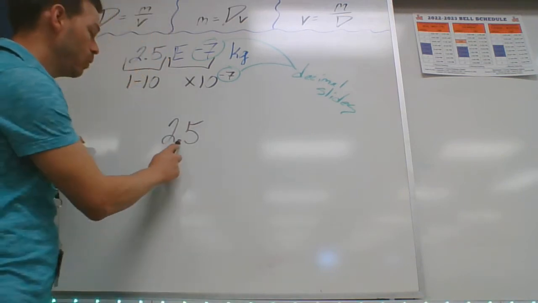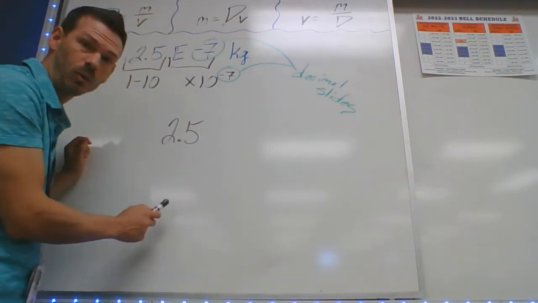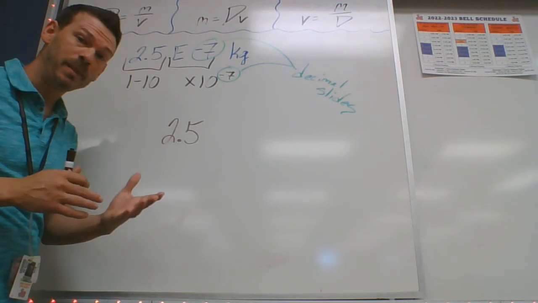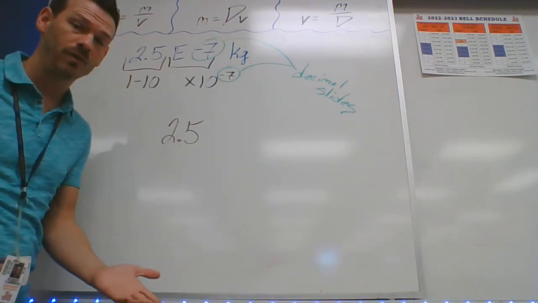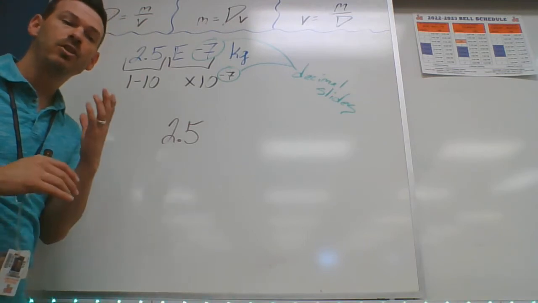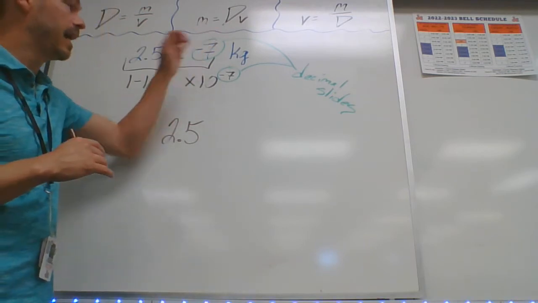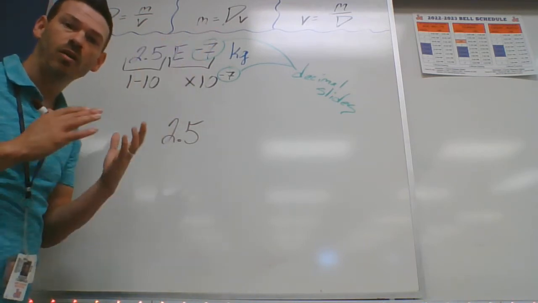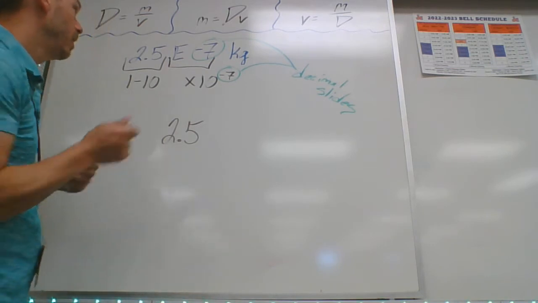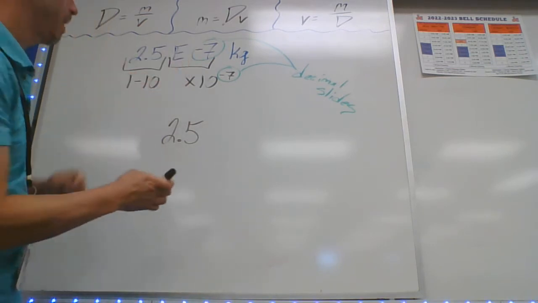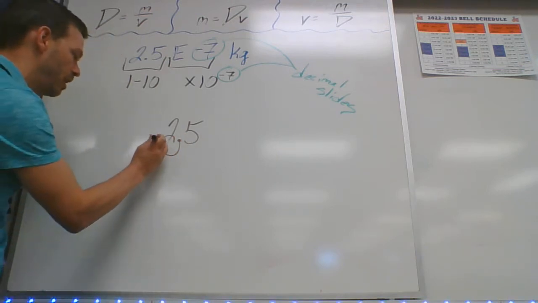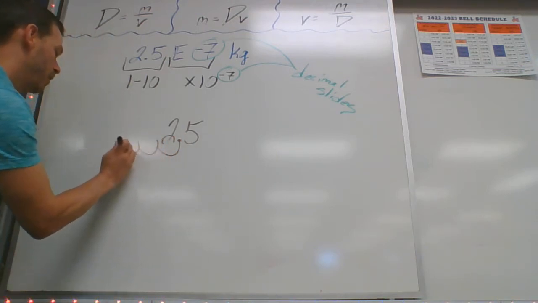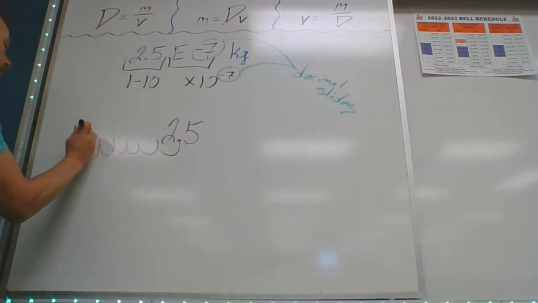Now, there's only one direction I can slide this decimal to make the resulting number be less than 1, and it's to the left. So you can memorize to the left if you want, but I think it's easier to just connect the negative exponent with the small overall number. So if I slide it 7 times to the left, it'll go 1 to the other side of the 2 initially, and then 3, 4, 5, 6, 7.